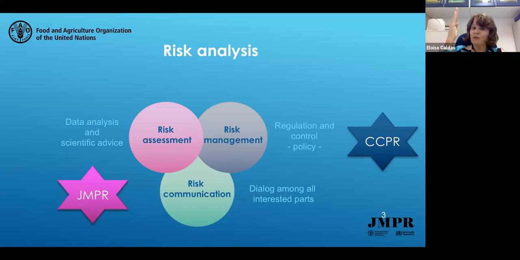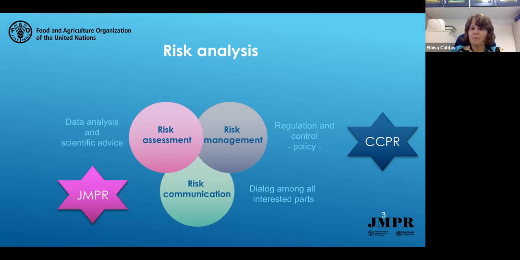And now it's chapter 3. If you go to the report, you see that chapter 3 is answers to CCPR questions, and chapter 4 is the dietary risk assessment. But this chapter was included only to facilitate the communication and the transparency between GMPR and the CCPR, between the risk assessor and the risk manager.